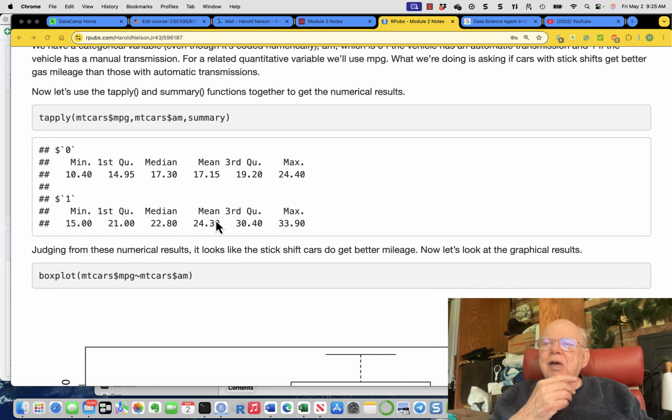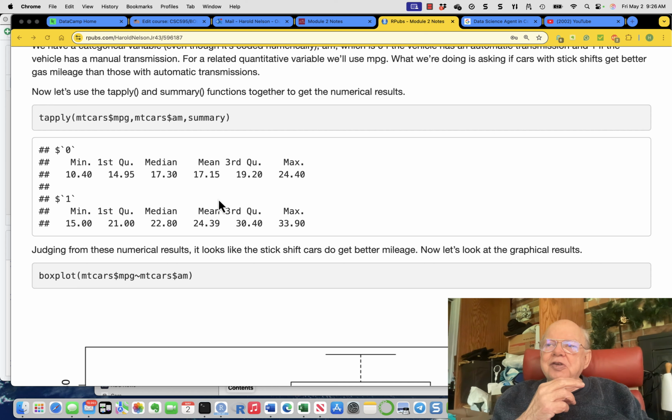Well, I have to say that I can't really reach that conclusion, because one of the problems you always have when you're doing observational analysis rather than a controlled experiment is that there are other characteristics which are associated with having a stick shift.